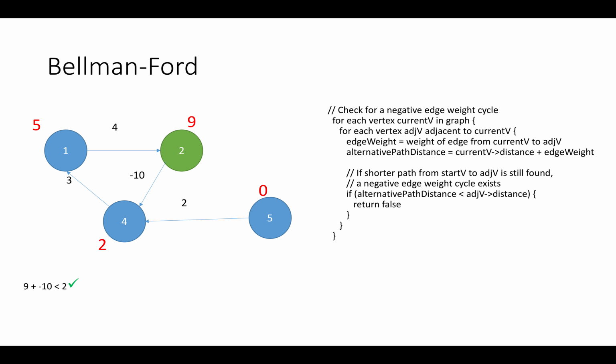If you run into one of these cases, you're going to have to throw an error and quit out and alert the user, saying, hey, we have a negative weight cycle, therefore we cannot find the shortest path from our start node to all of the other nodes in the graph. Because we found this, the algorithm would just continue running forever, which is not good for anyone.